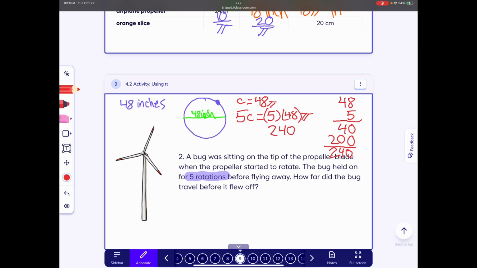So 5 rotations, 5 times the circumference, is 240 pi, and you can leave that as 240 pi. Answer the question in a full sentence. How far did the bug travel? The bug traveled 240 pi inches.